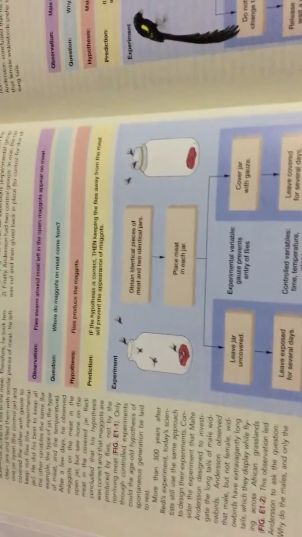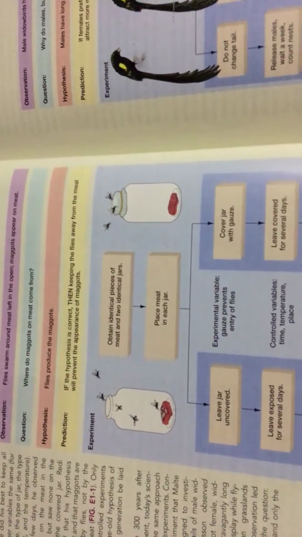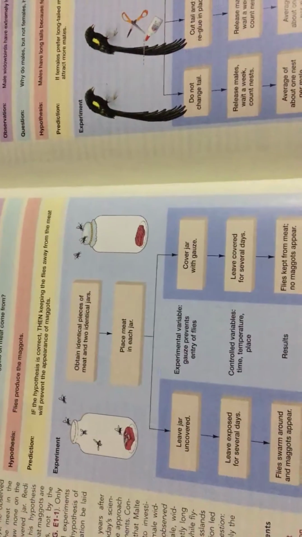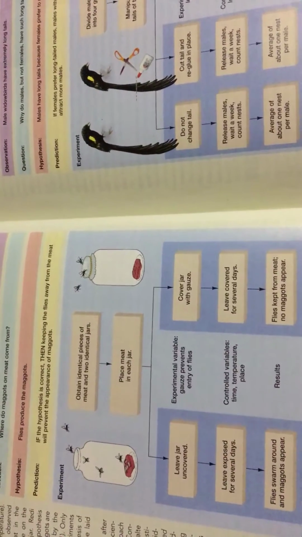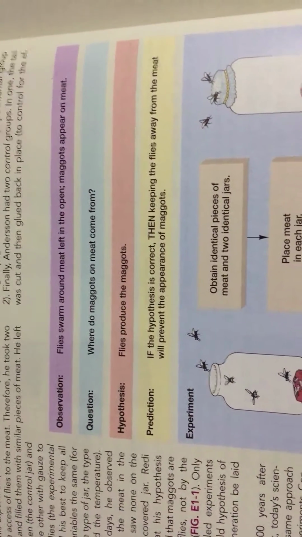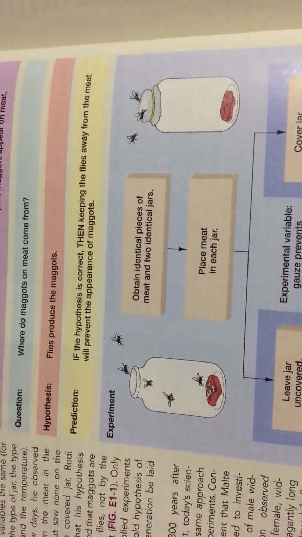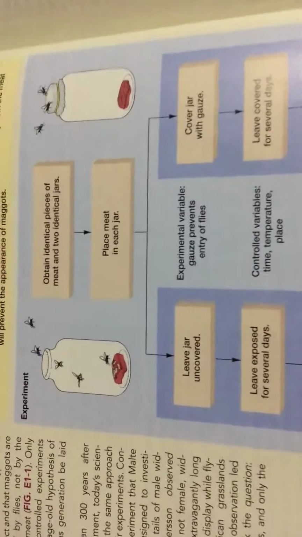Here's a couple examples. Here's that meat thing with the larvae. Basically, the conclusion is that the experiment shows that the hypothesis is that flies are the source of maggots and not the meat. So here's all of this here, the observation, question, hypothesis, and there was a prediction here. So they did the experiment.